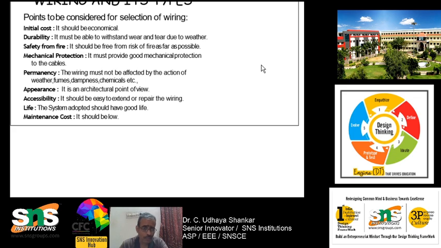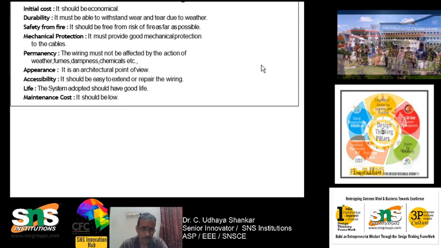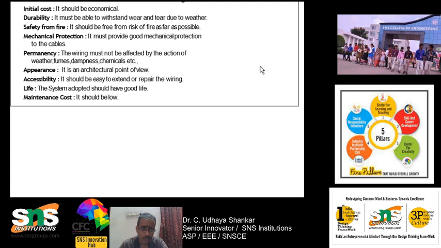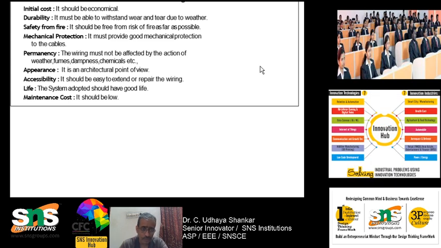So what are the points to be considered? Initial cost should be economical. Durability should be good, because it has to withstand wear and tear due to weather, and the safety from fire should be good. This is a very important thing in order to have good protection.